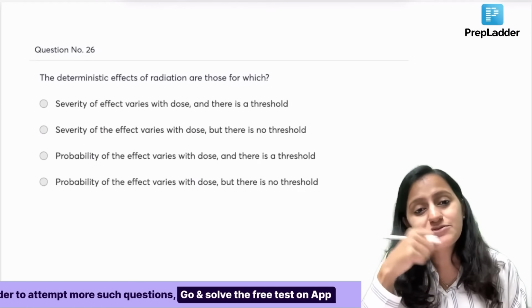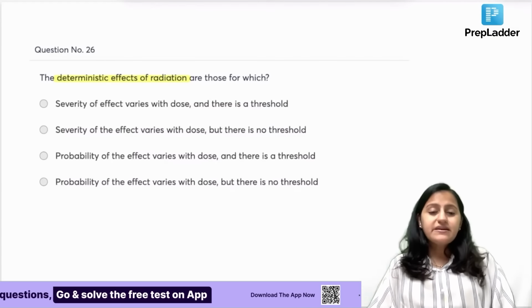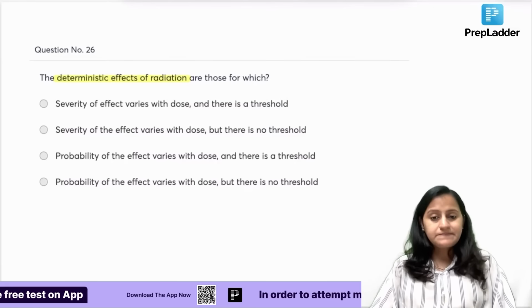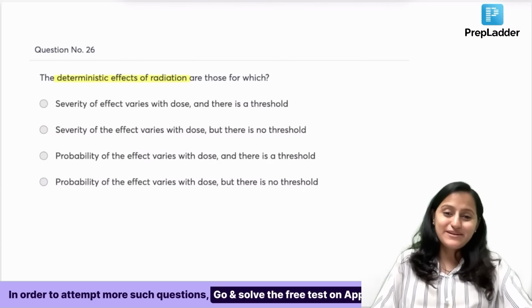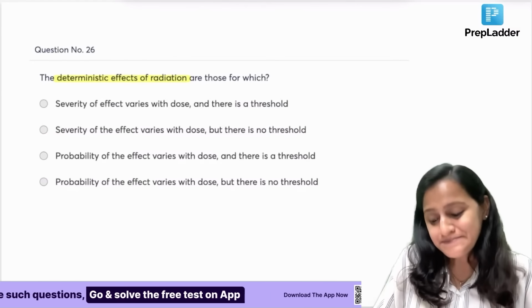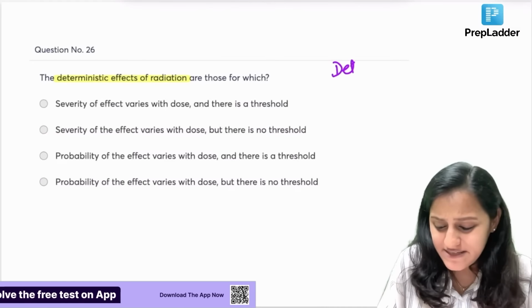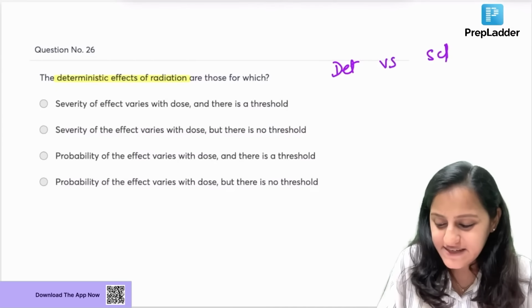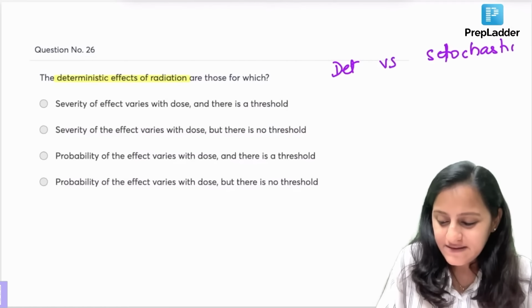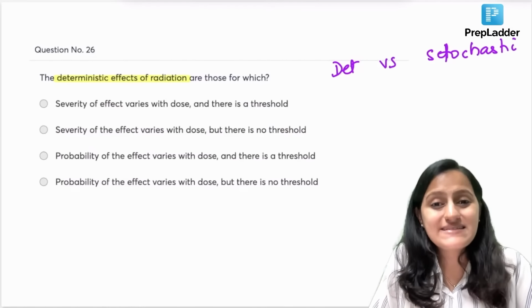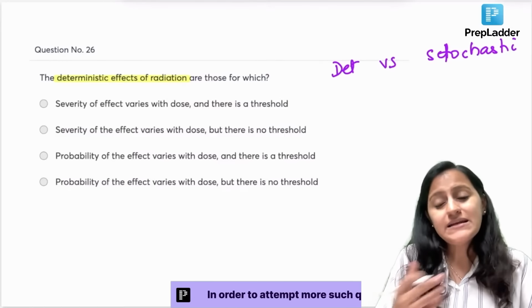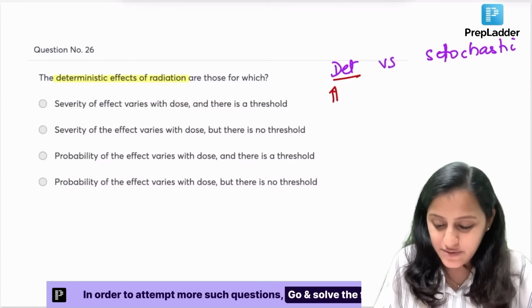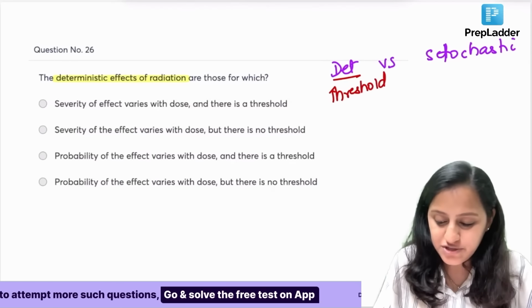Next one. What is the answer to this one? Deterministic effect of radiation, A, B, C or D. I hope you remember the radiation side effects. There are deterministic versus stochastic side effects. Deterministic is where you can determine the threshold.